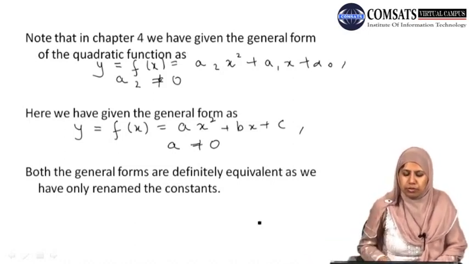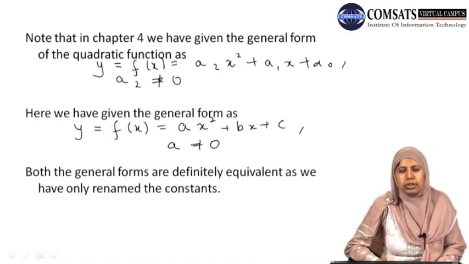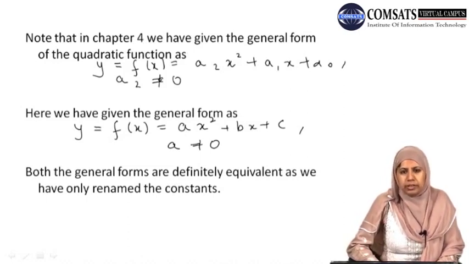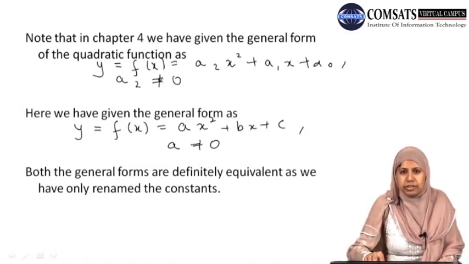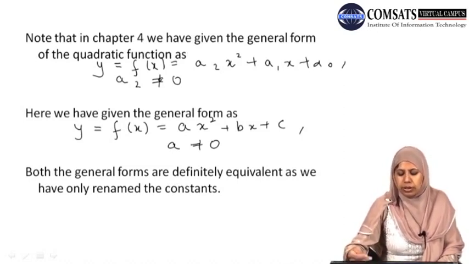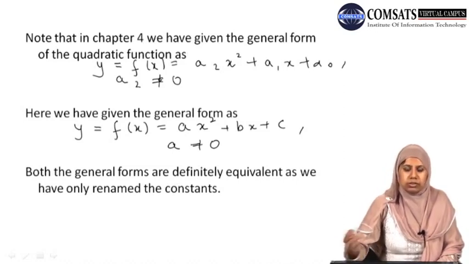In the general form of chapter 4, the constants were a2, a1 and a0, with the condition that a2 is different from 0, and in this chapter we have given the general form with the constants a, b and c, and the same condition that the coefficient of x square is different from 0. So we have only renamed our constants from a2 to a, a1 to b and a0 to c.